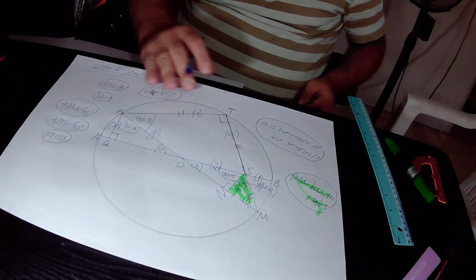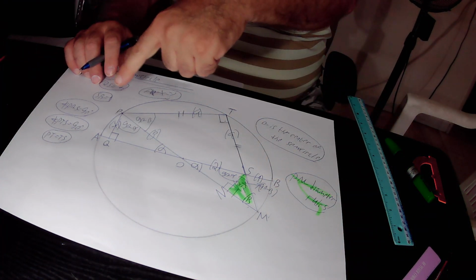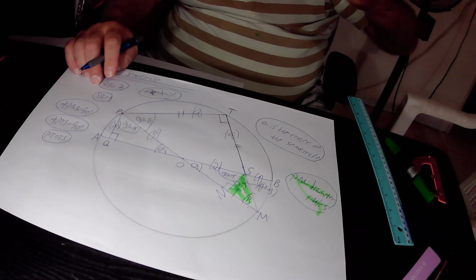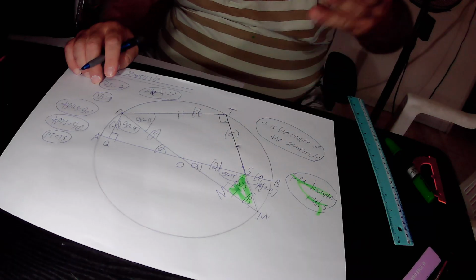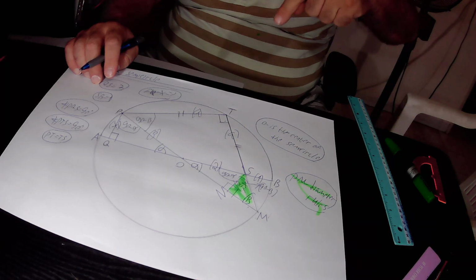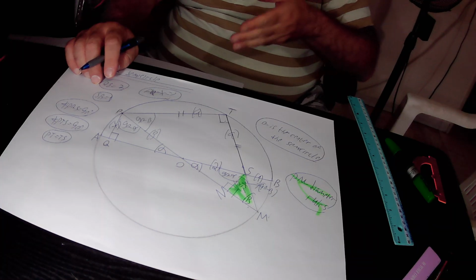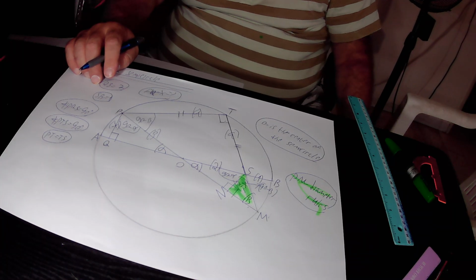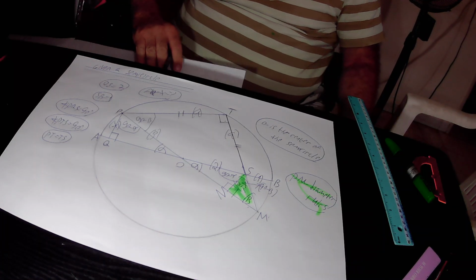Why? Because in our drawing, we have chord TM that intersects with chord AB at point S. Point S is the intersection point of chord TM with chord AB. Therefore, all the requirements of rule 15 are satisfied, and therefore we can implement rule 15 here. So I write it down.